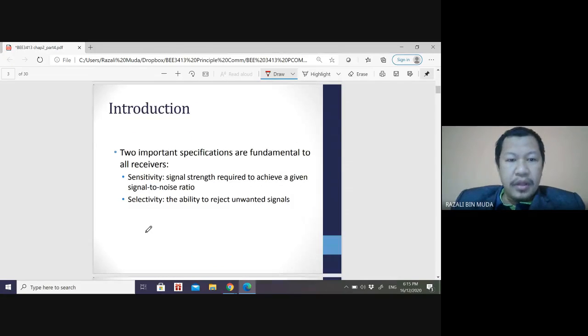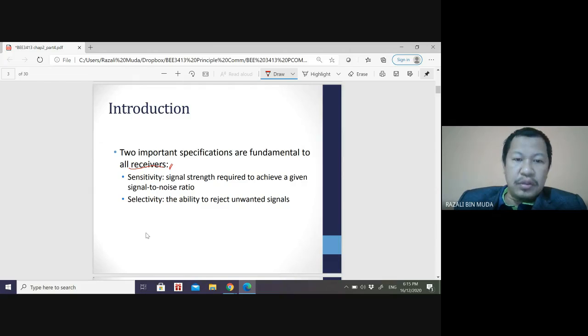Okay, two important specifications are fundamental to all receivers. Today we are discussing receivers, after we have discussed the transmitter. Now we are at the end part of this chapter, which is about the receivers.